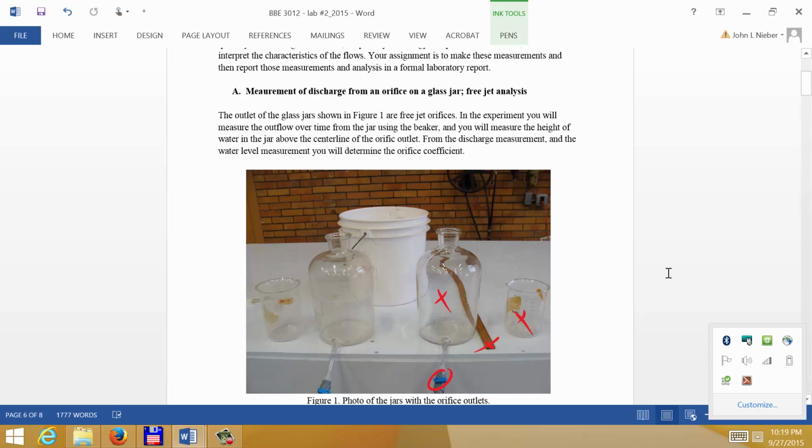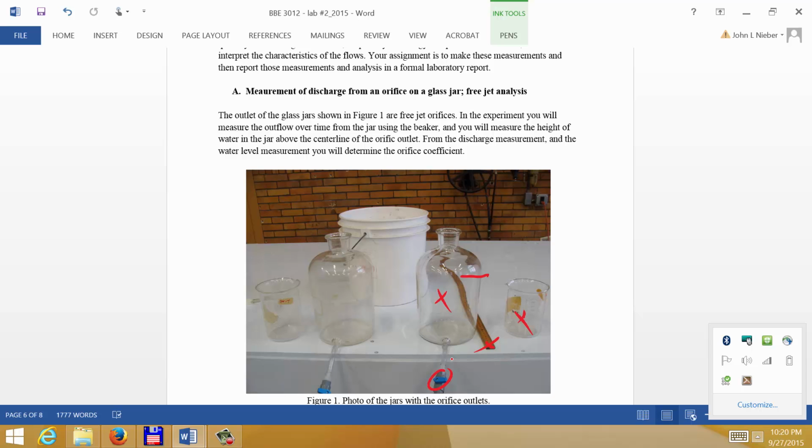So what you're going to do is fill the reservoir to about 80% of its height or its volume, with the valve closed, and then you'll open up the valve and water of course will come out. You're going to be determining the time that it requires for 500 milliliters to discharge out of the reservoir, and you're going to do this repeatedly while the water level in the reservoir drops.